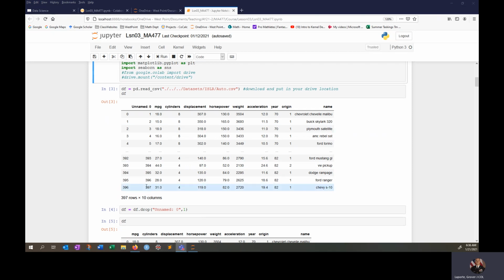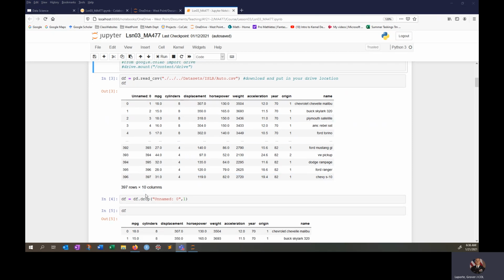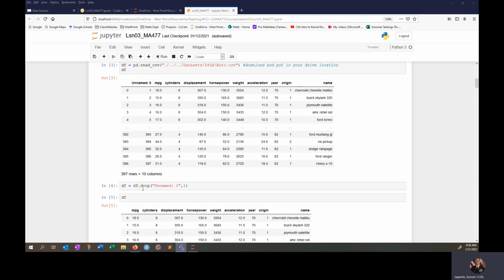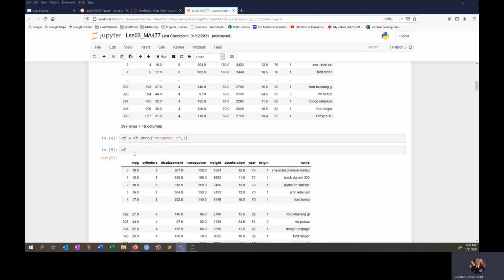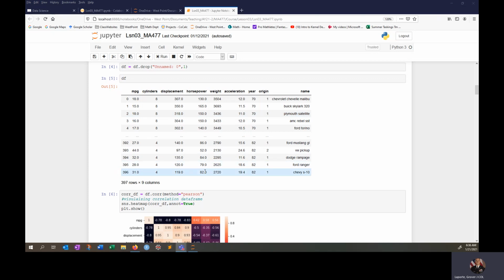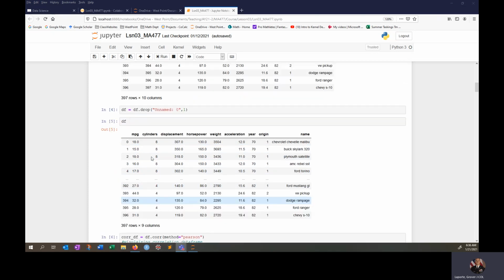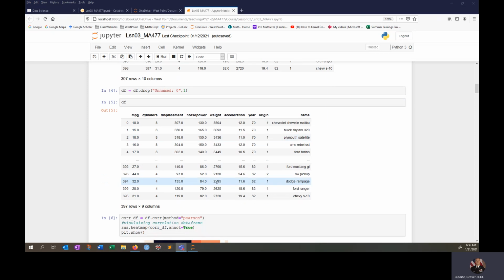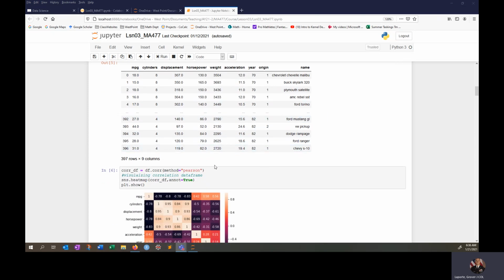It looks like there are 397 vehicles, so I wanted to get rid of this column. Remember how to drop a column, not a row, a column. I dropped it, reprinted it, and you can see what happened. There are other ways to do that; this is just how I attacked the problem.